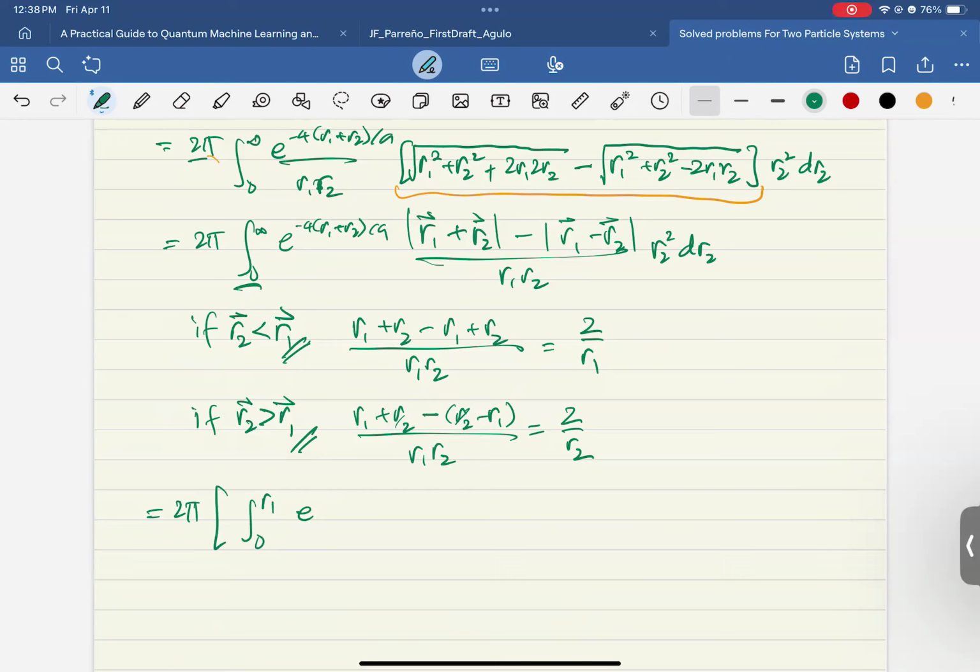So exponential minus 4 R1 plus R2 over A. Okay, ito magiging 4 pi kasi ipapasok natin yung 2 doon. And then divide natin yan by R2, R1. So pwede natin siyang ilabas kasi etong integral na to ay with respect to dr2.